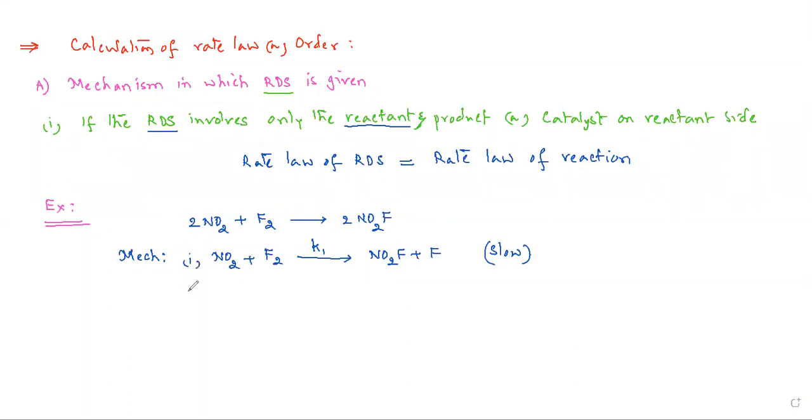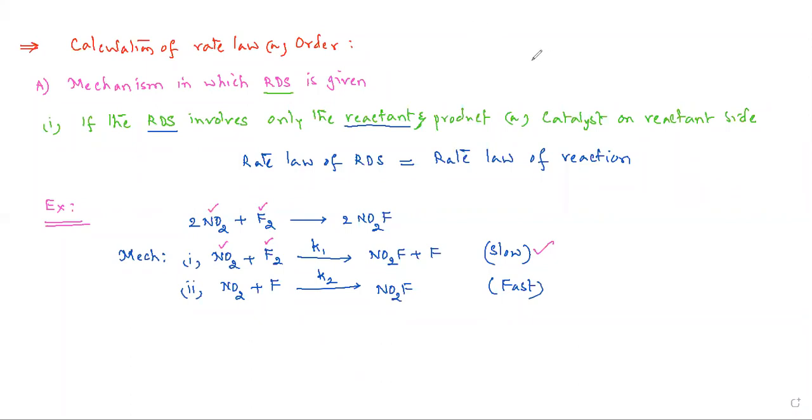Now, coming to the second step, wherein you are getting NO2F from the NO2 and F. Of course, this is the first step. Now, look at this. The slow step itself has both the reactants. So, no need to go for any other step or any other reaction.